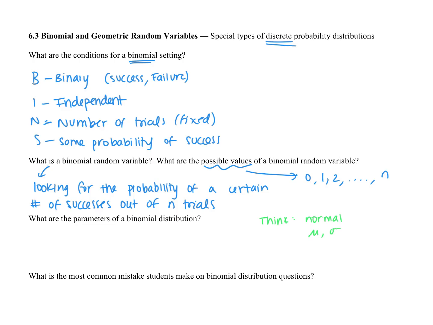For a binomial distribution, there are two parameters. The first one is n, which is the number of trials. And then there is p, which is the probability of success. So like a normal distribution where you always have to list the mean and standard deviation, with binomial you always have to list n and p.